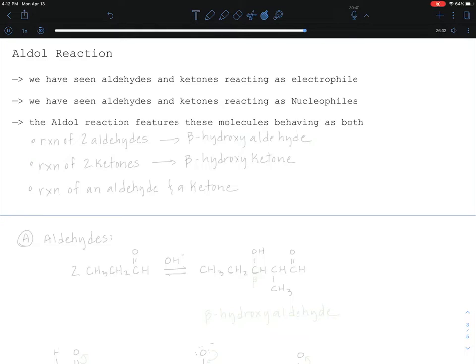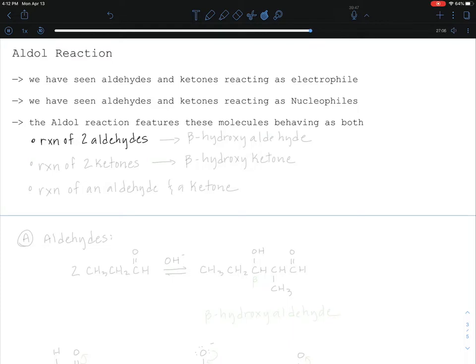So two equivalents of an aldehyde are going to get you, let me write this down. So we can have reaction of two aldehydes. One of them is going to be deprotonated, right? And it's going to be the nucleophile. I'm going to deprotonate and make the enolate. So that alpha carbon is going to attack the carbonyl of the other aldehyde.